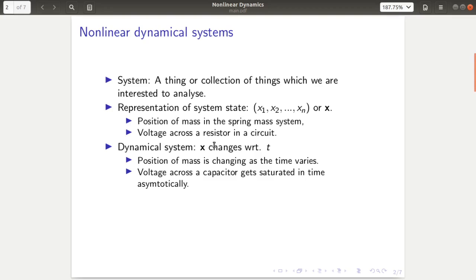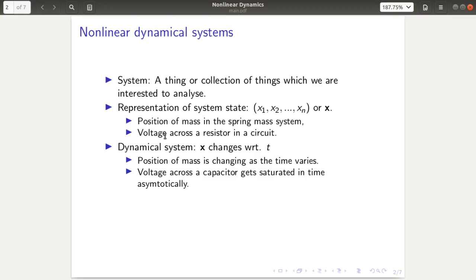Another example: in an electrical circuit, say there is a resistor. The voltage across the resistor could be one state of the system. In another sense, the current flowing through the resistor could be another state variable. That's how we represent the state of the system in terms of state variables.